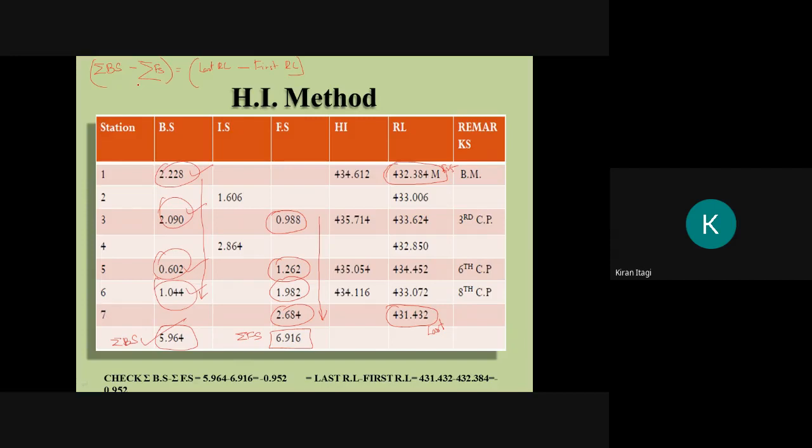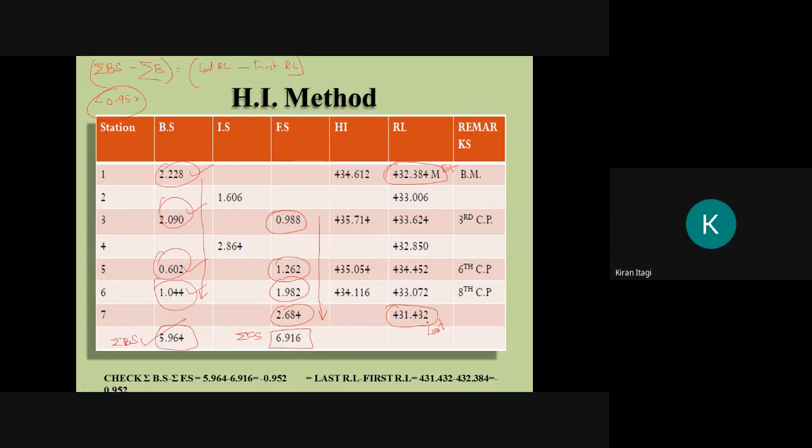These values should be equal. Now tell me, what is 5.964 minus 6.916? That is minus 0.952.